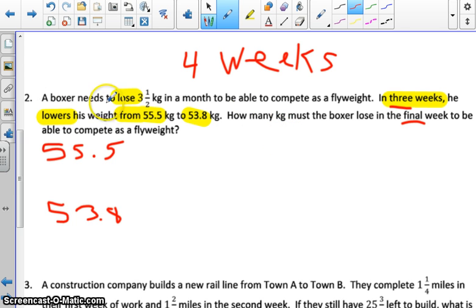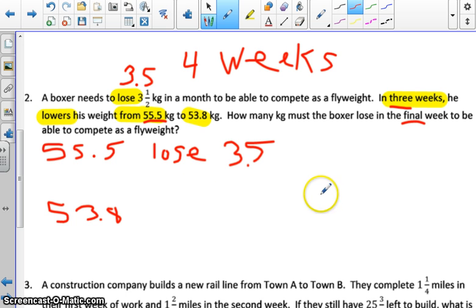Now, if you go back up here, he needs to lose 3.5 kilograms in a month or 4 weeks. And it said he started at 55.5. So based on that information, he's got to lose 3.5 starting at 55.5.